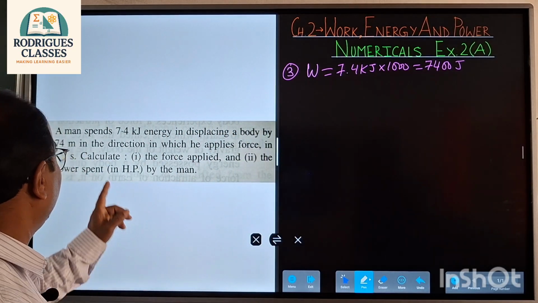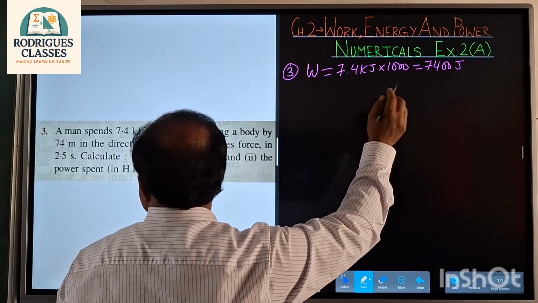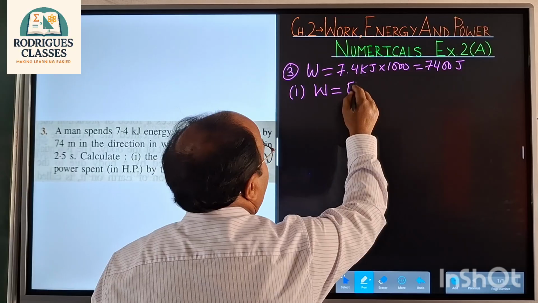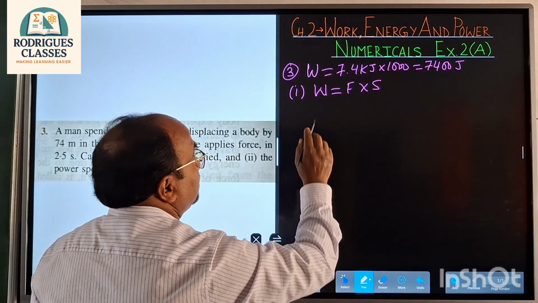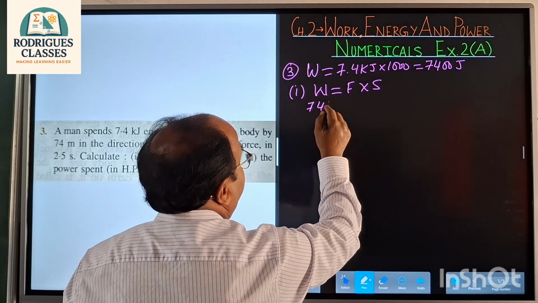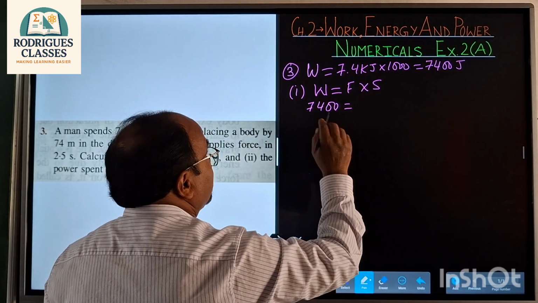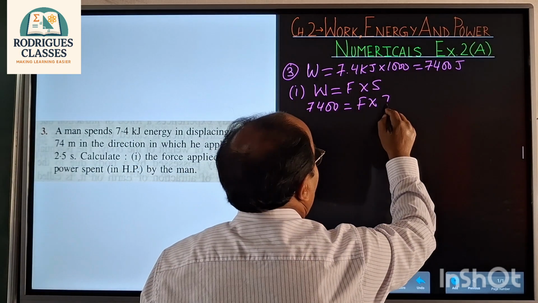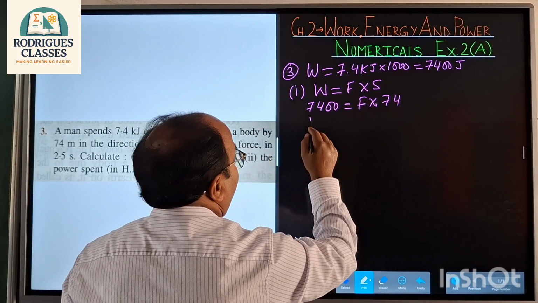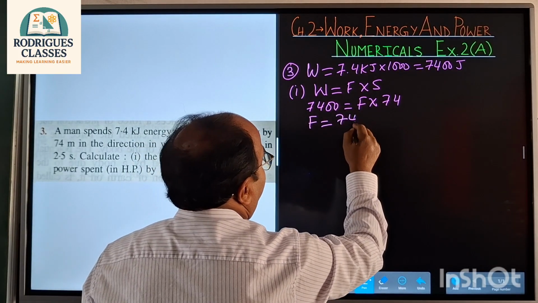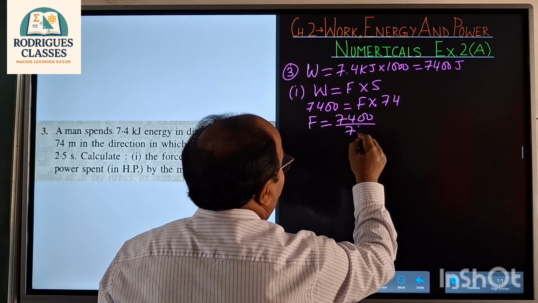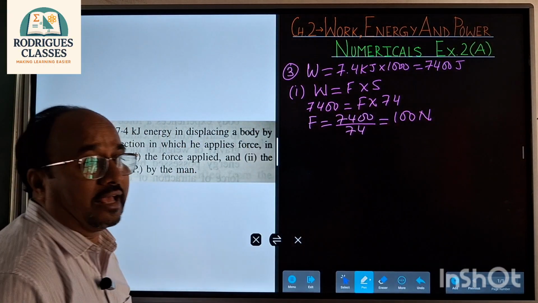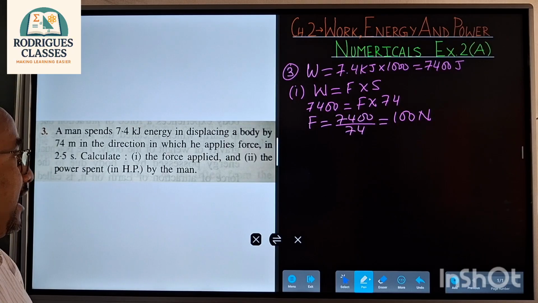Displacement is 74 meter. We have to calculate the force part. So number 1, I will write here work done equals force into displacement. Work done, we have got it here as 7400. Force we have to calculate, and the displacement is 74 meter. So you will get F equals 7400 by 74. So that gives you 100 Newton as the force which is being applied there.